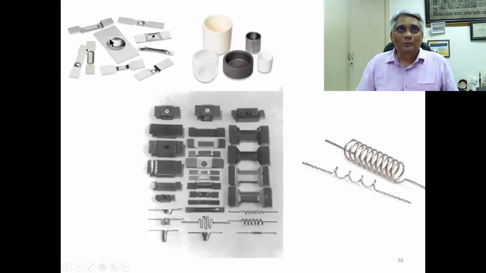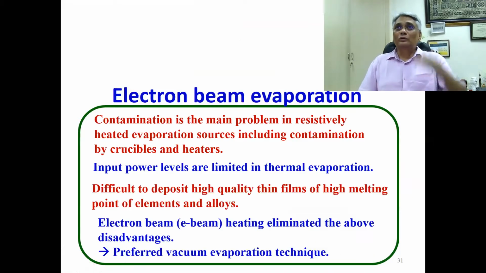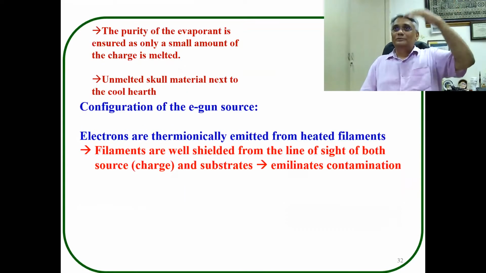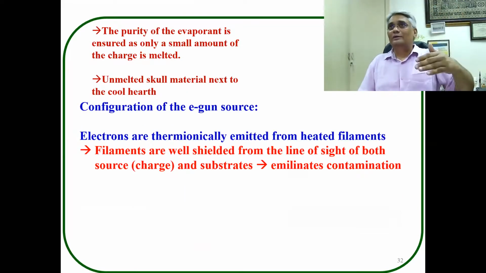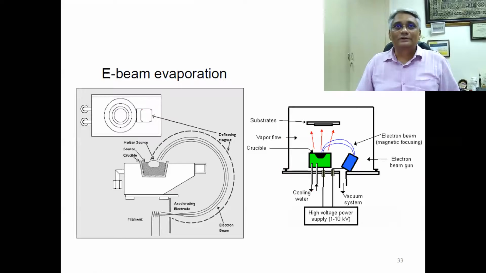So I keep one charge there, another element there, another one. You can have 8 such different elements, which means if I want to do a multi-layer deposition, say one after the other, it's easy here.